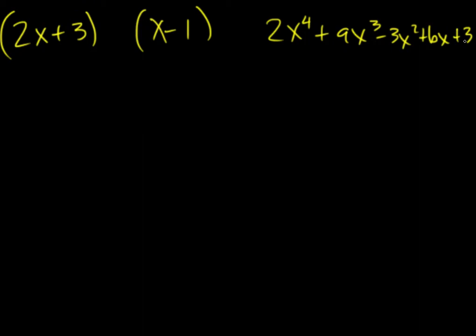Okay, they want us to find constants a and b. So what we can do, we know that if we multiply this out, if we multiply this by this, we're going to get 3 times negative 1 for our constant term.